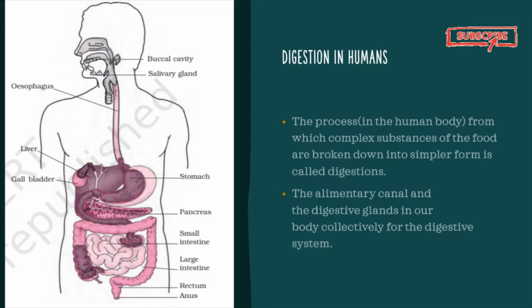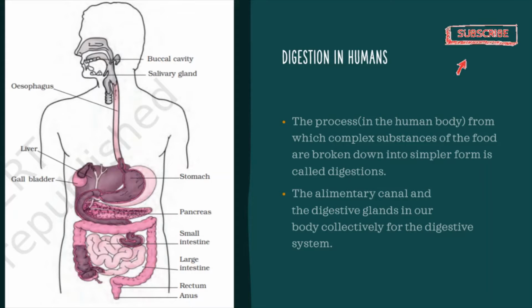The alimentary canal. What you see here, from the mouth to the stomach, then to the small intestine, then to the large intestine, is the pathway along which the food travels. It is the alimentary canal.